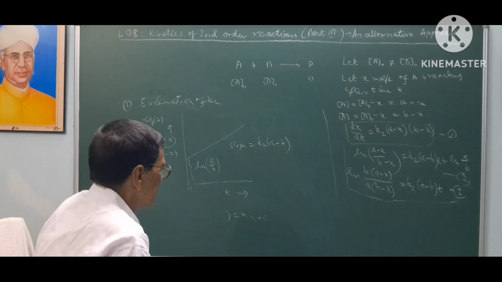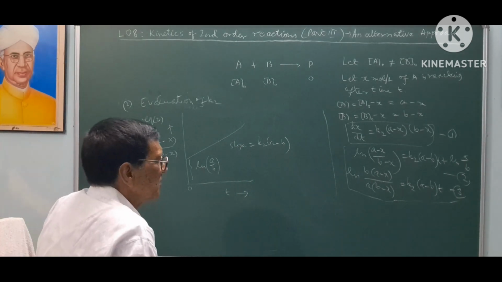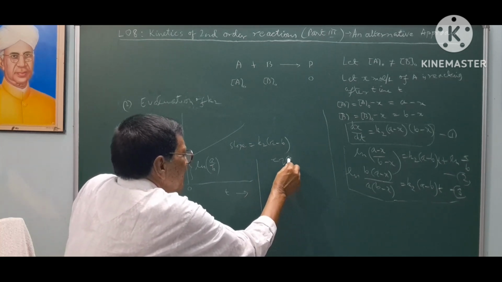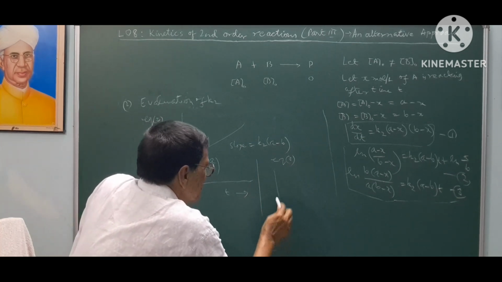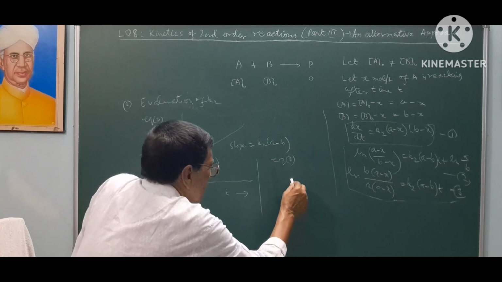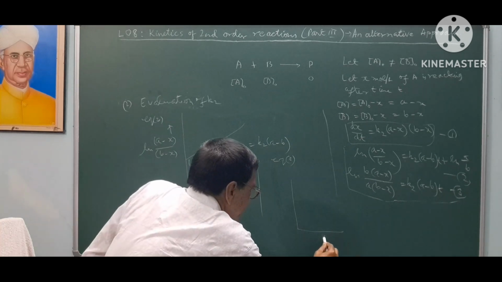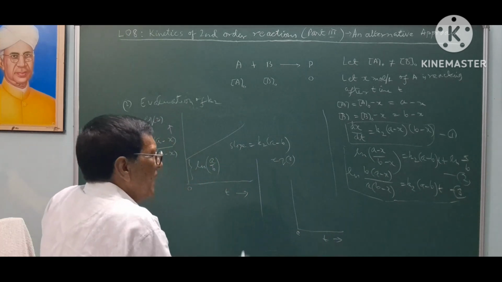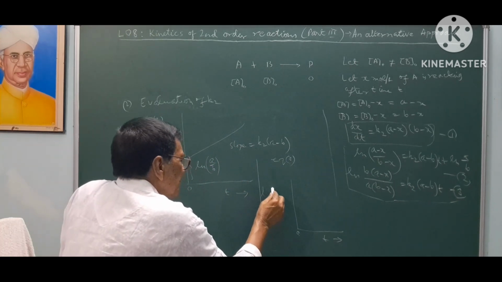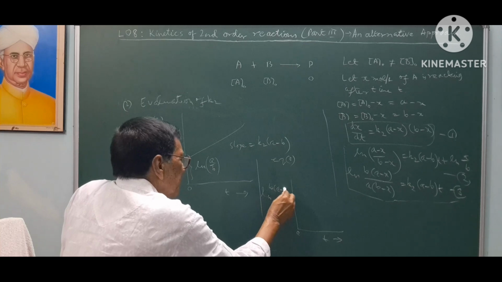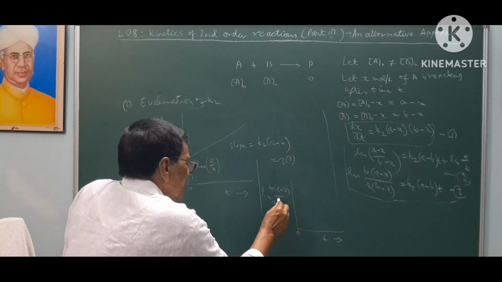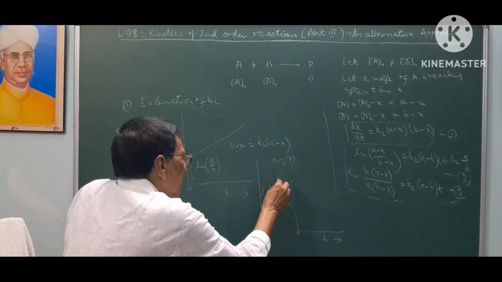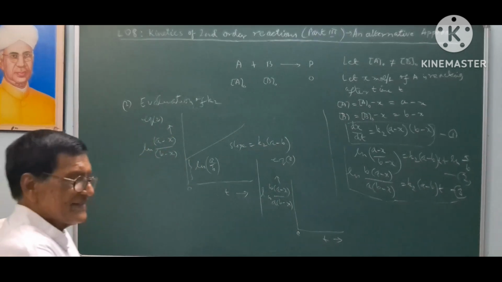Or equation 3 could also be used. Here t equals 0, and in this case ln b into (a minus x) divided by a into (b minus x) is plotted along the y axis.